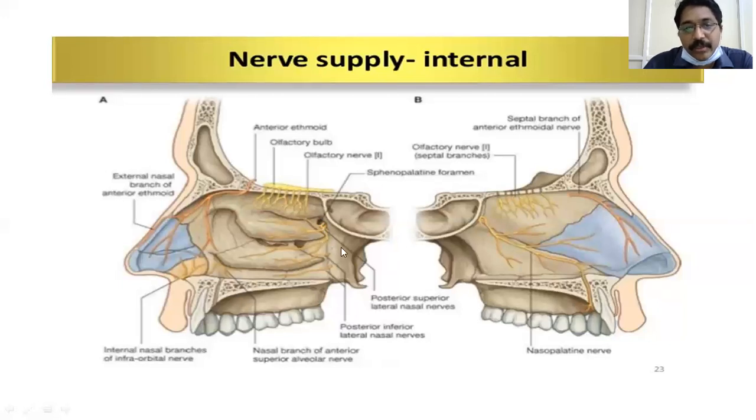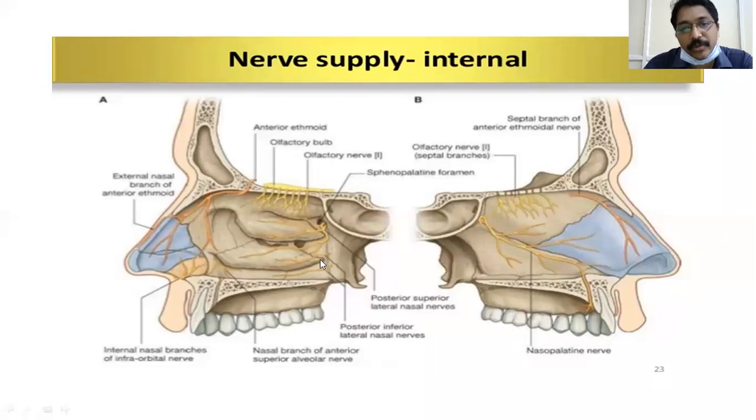Apart from that, you have the greater and lesser palatine nerves. The greater palatine nerve also supplies the lateral wall of the nose. And the nasopalatine nerve. These are the three main branches I told you: one, the posterior superior lateral and posterior inferior lateral nerves; two, the greater and lesser palatine nerves; and the third one is the nasopalatine nerve.